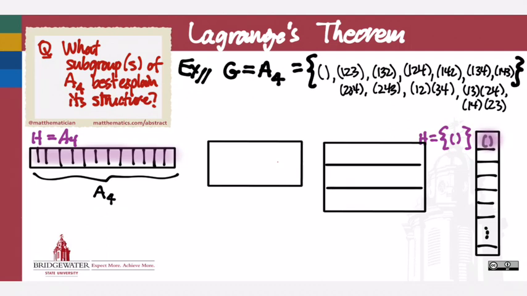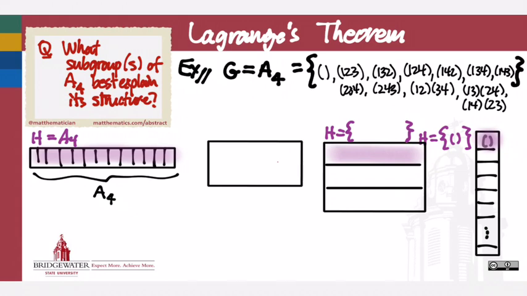This would require me to find a subgroup that has 4 elements in it. So maybe we can find a subgroup of 4 elements with which to do this.